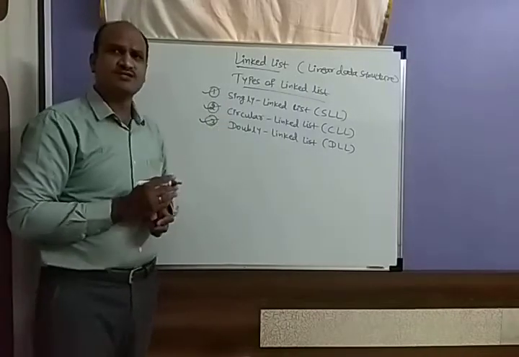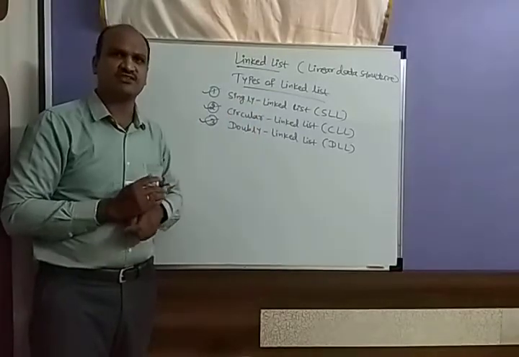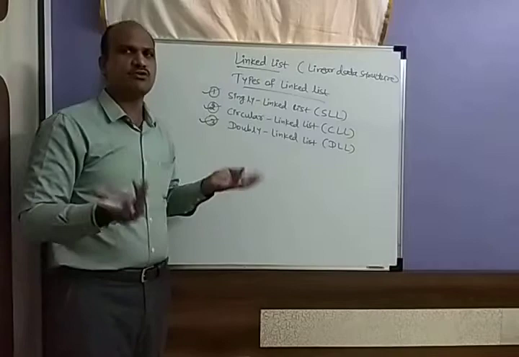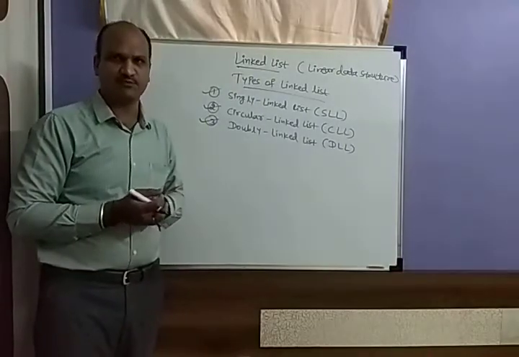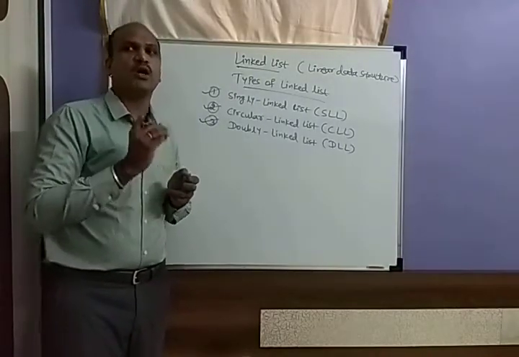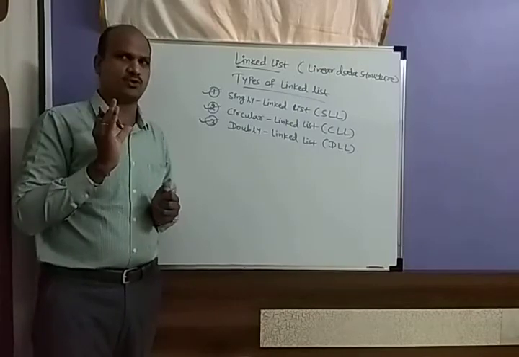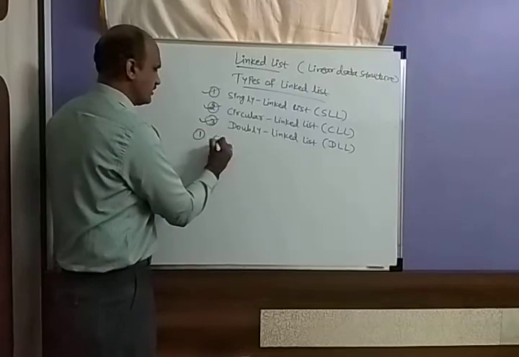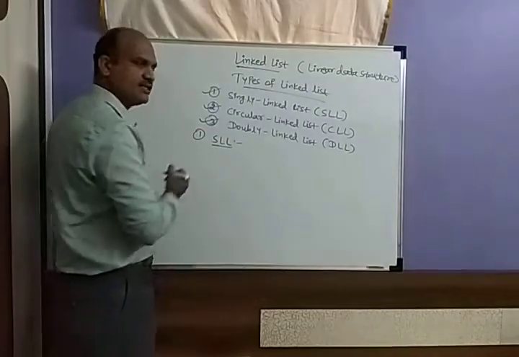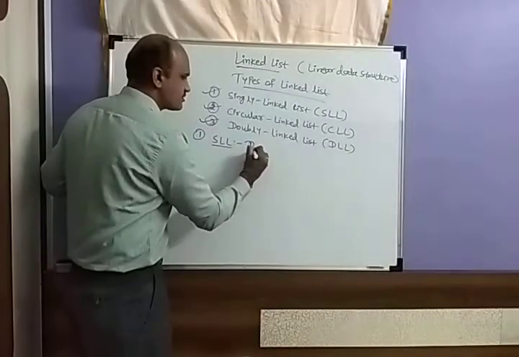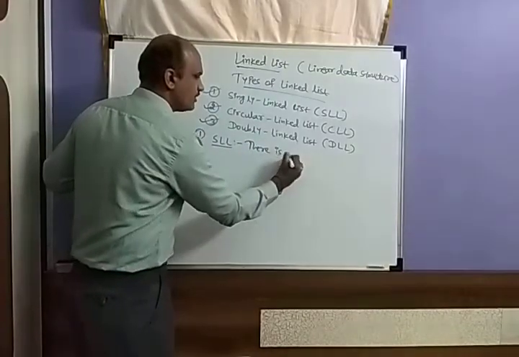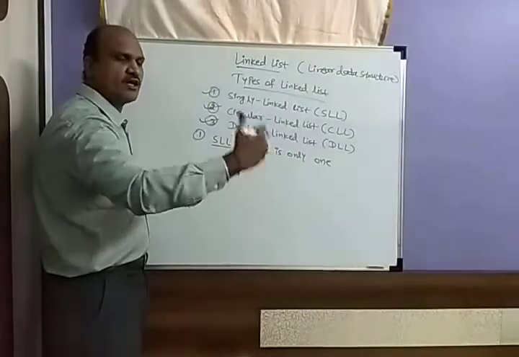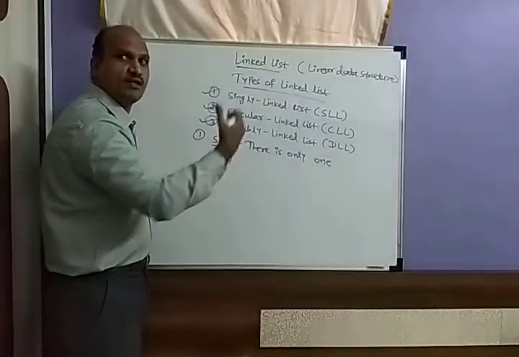The first one is the single linked list, as we discussed earlier. The nodes connected one by one are single nodes. There is only one link field in each node, and that is called SLL, the single linked list.